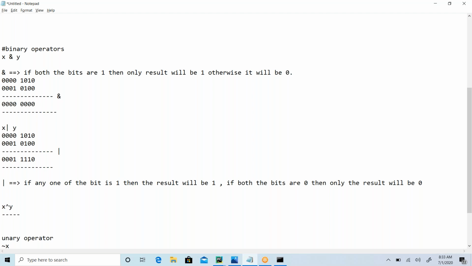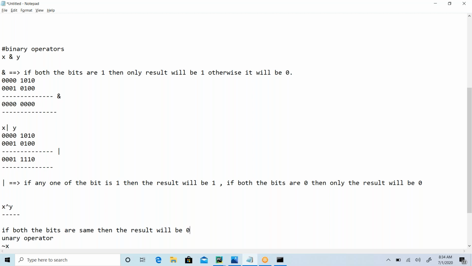the formula is something like that. If both the bits are the same, then the result will be false, that is 0.